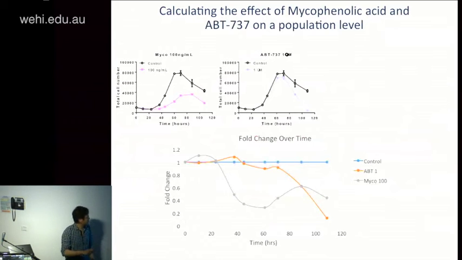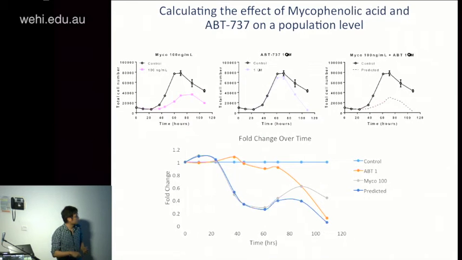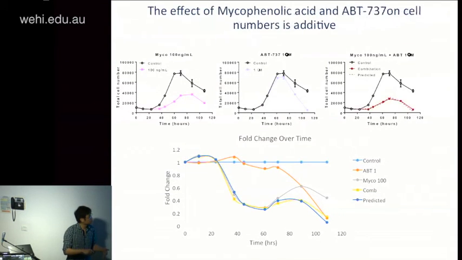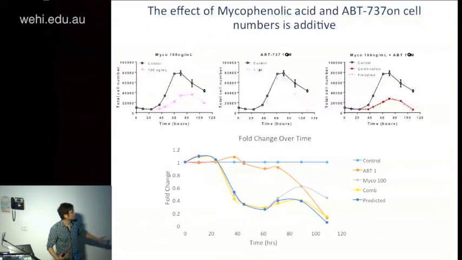This is the fold change for ABT-737 at 1 micromolar, and this is the effects of mycophenolic acid at 100 nanograms per mil. If we multiply these fold changes together and apply it onto the control to create a prediction of what the total cell numbers might be, this is what we got. So another nice illustration of how these two drugs are also adding on the population level.